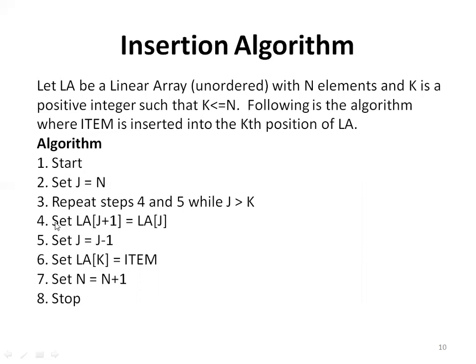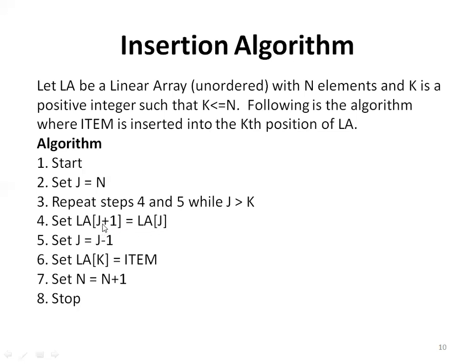So that is done here, steps 3, 4, 5 are used for that purpose. So you can see here, first set j equals n, then repeat steps 4 and 5 while j is greater than k. Now set LA[j+1] equals LA[j]. So this is actually how the items after the position are shifted right. That's why it is LA[j+1] equals LA[j].